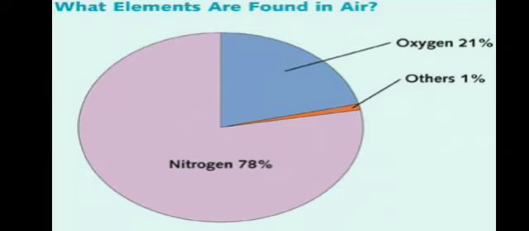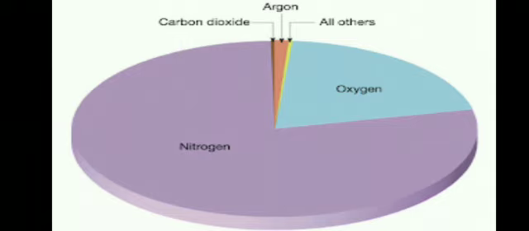It covers around 78% of the atmosphere, and oxygen is about 21%, and the other gases make up 1%. That 1% is carbon dioxide, argon, and other inert gases.